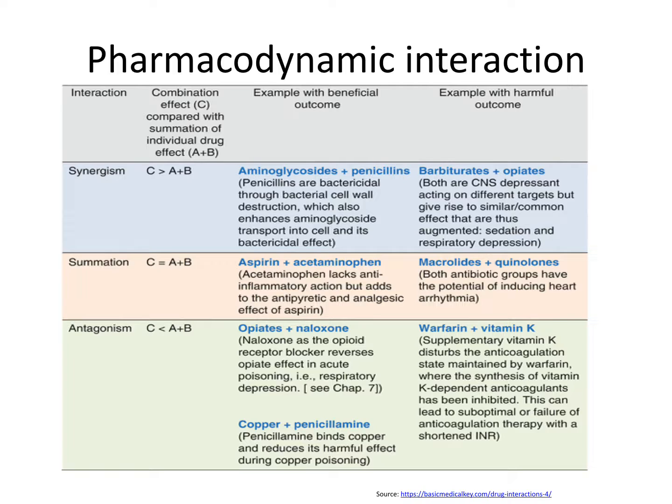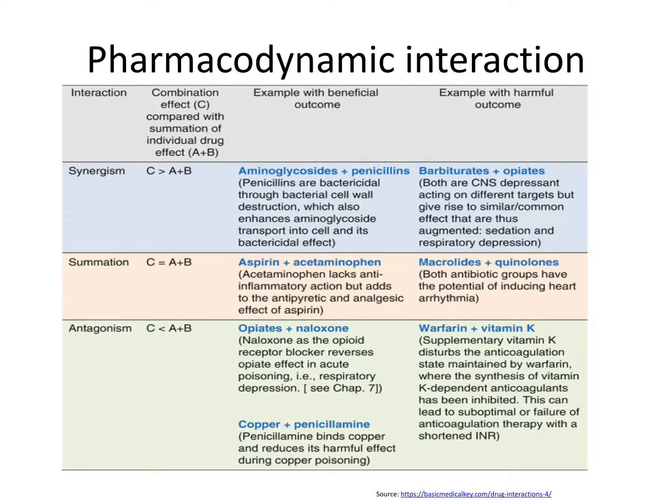The first is synergism. Synergism happens when the effect observed because of the two drugs is more than that of the individual drugs. That means C is greater than A plus B. One example where it has a beneficial effect is when we administer aminoglycosides with penicillins.